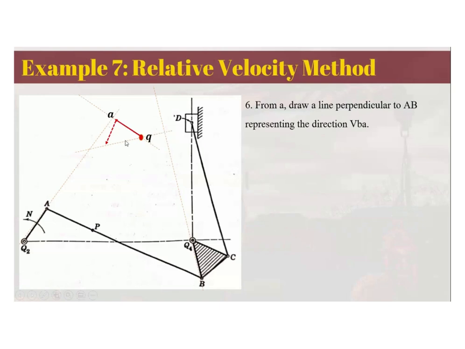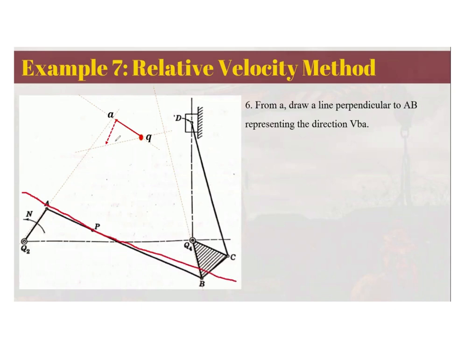So this line here is perpendicular to Q4B. And then from A, draw a line that is perpendicular to AB. This is our line AB. So this line here is perpendicular to this line AB. So let me extend the line. So this line we have AB.